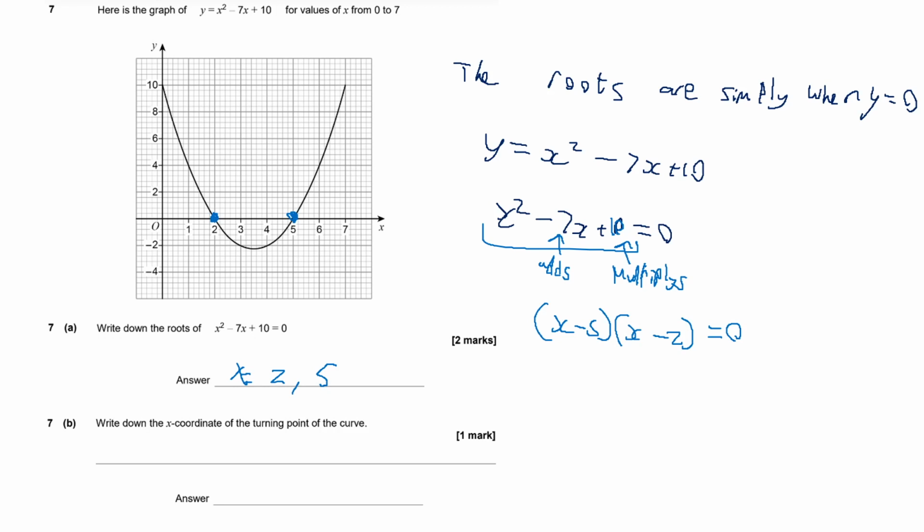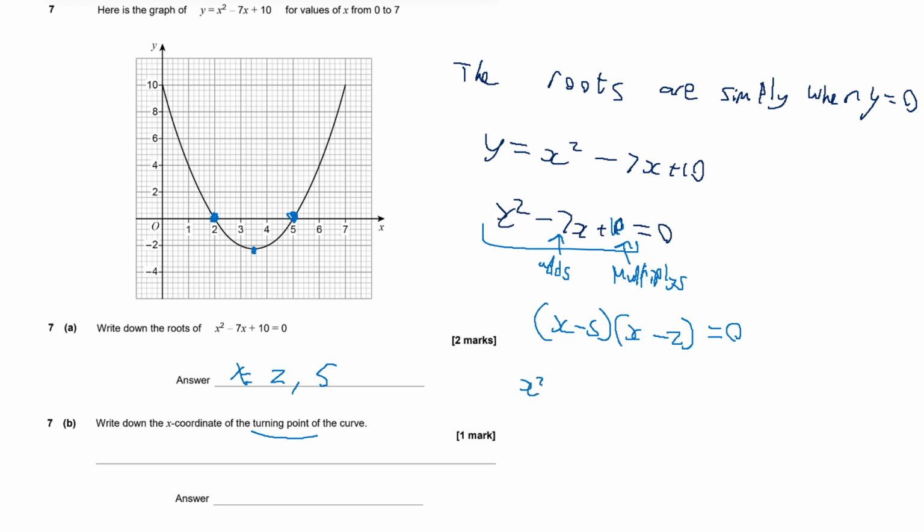Now, to work out the turning point, it's just that point here, which there are two ways we can work this out. We can either find the midpoint of this x here and then sub in x into the equation, or we can complete the square.